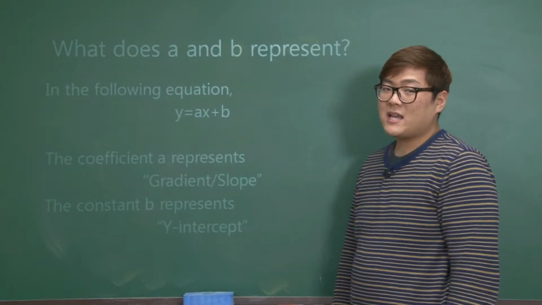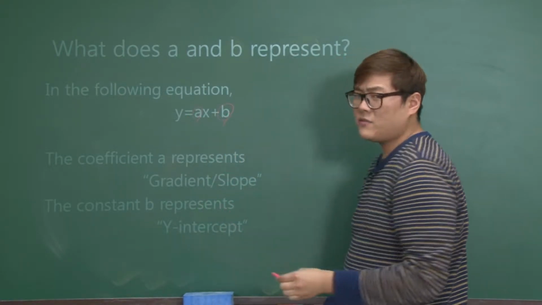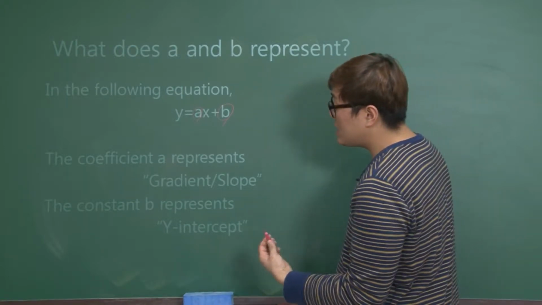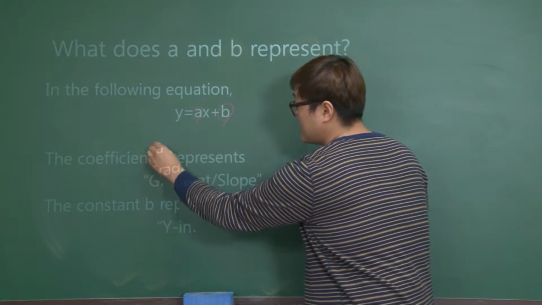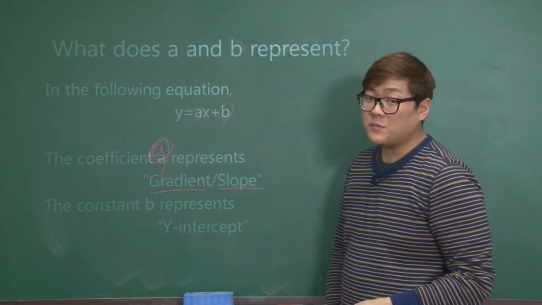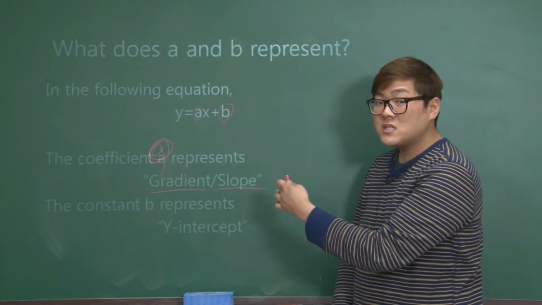Then what do a and b represent? So here we have a and b. What do they mean? First, the coefficient a represents gradient and slope. In British English, we call it gradient. In American English, we call it slope.